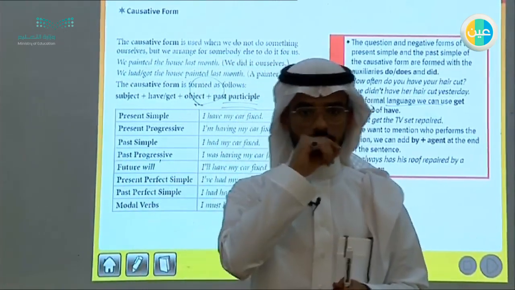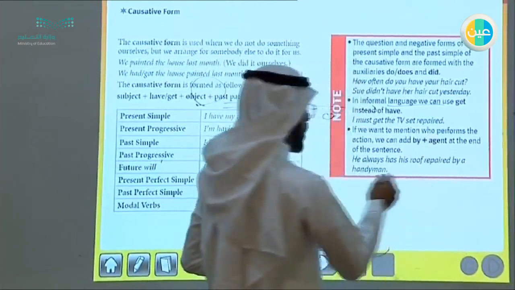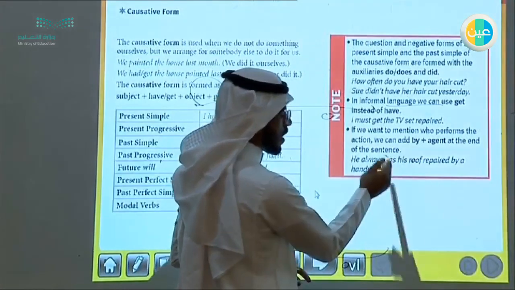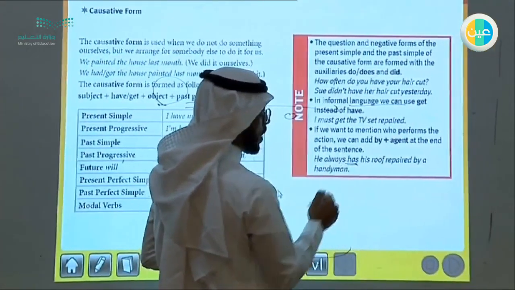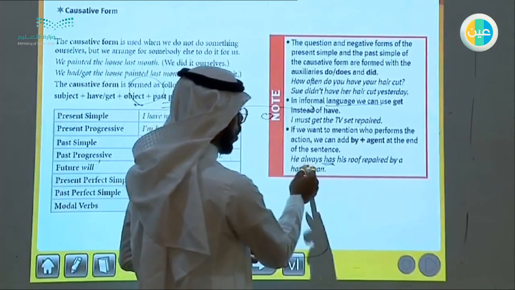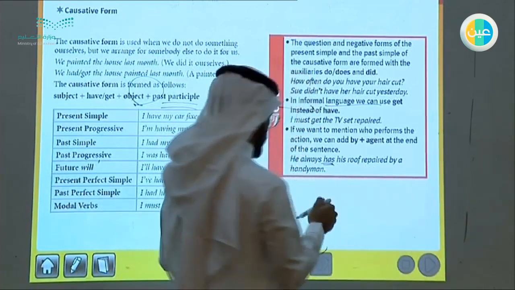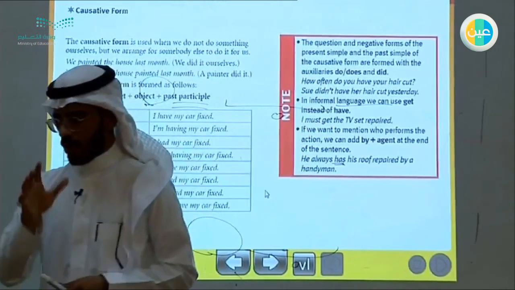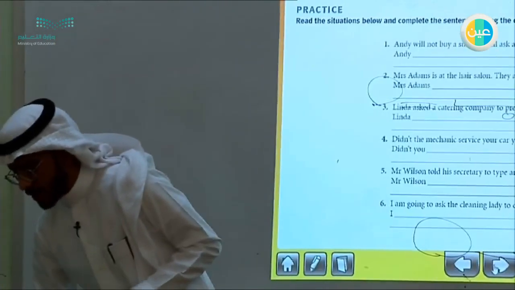This we call the agent. Okay, for example, he always has his roof repaired by a handyman. Here I use has because the sentence is in the present simple. Okay, I hope that's clear. Now let's move to the exercise.